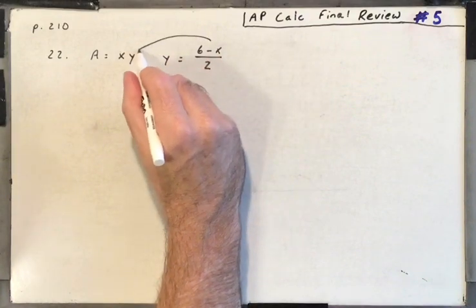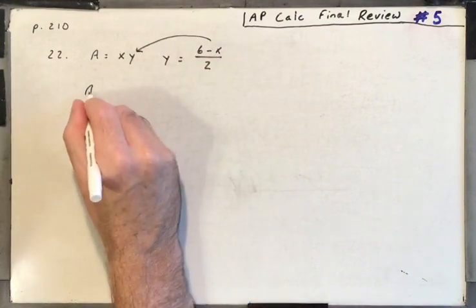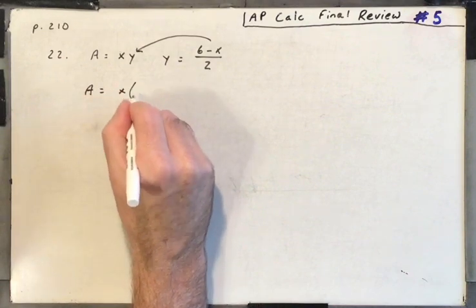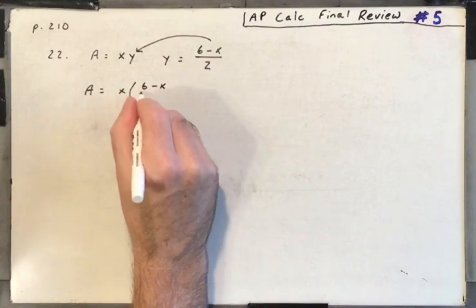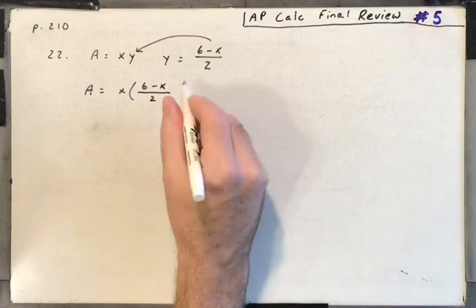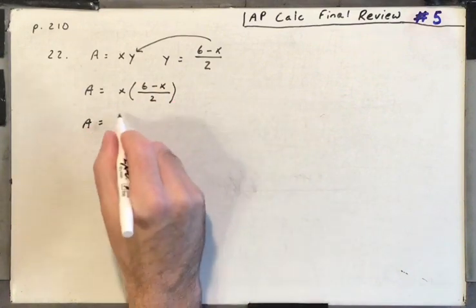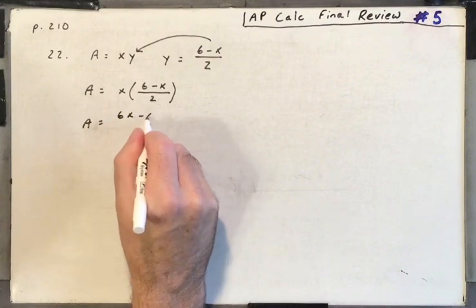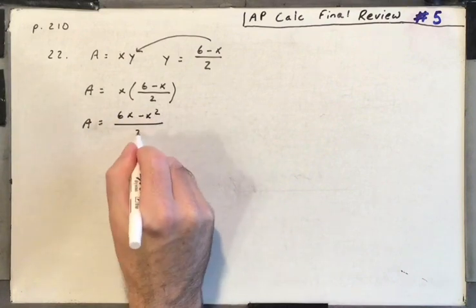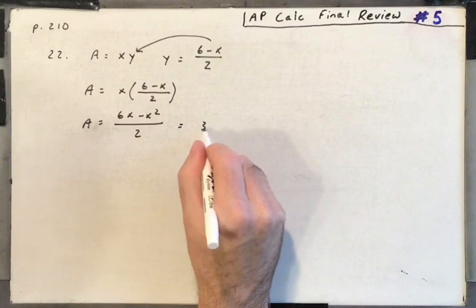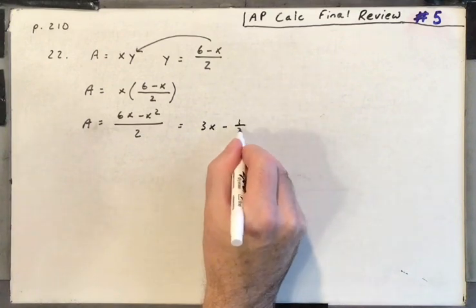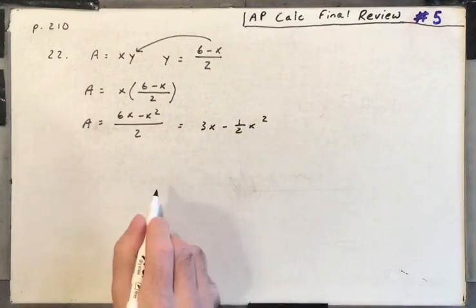Okay, so we could plug that in right there. Area is equal to x times 6 minus x over 2. So area is equal to 6x minus x squared over 2. So that would be 3x minus 1/2 x squared.